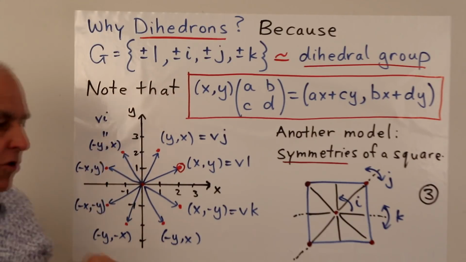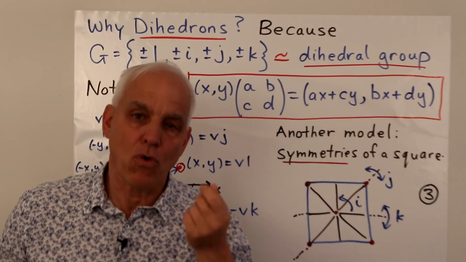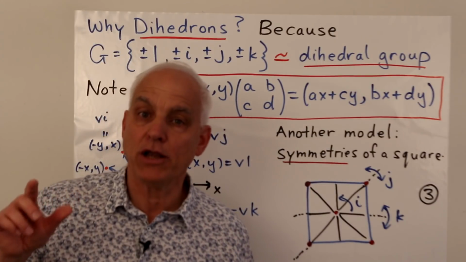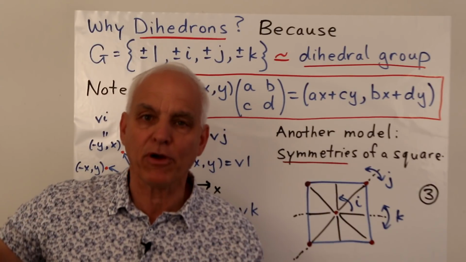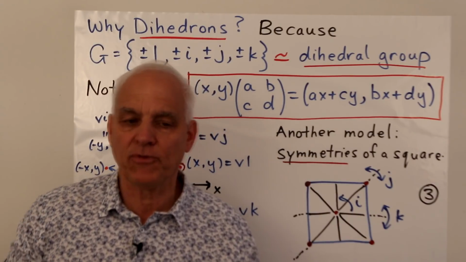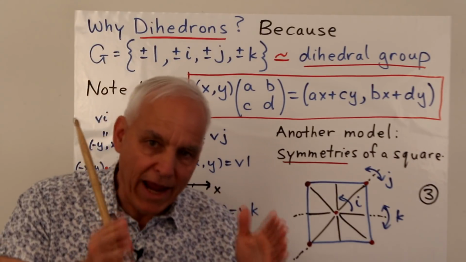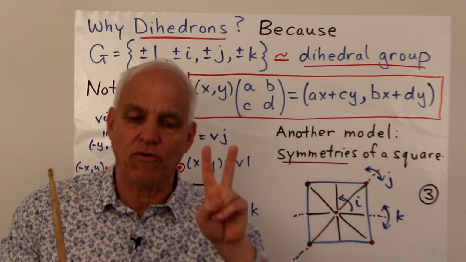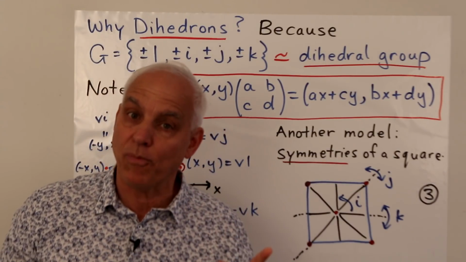In fact, this is one of only 2 groups of order 8 which are non-commutative. Okay, there are commutative groups which are simpler. They're products of cyclic groups. And then there are non-commutative groups. And when we look at the order 8 groups, there are actually only 2 of them. And they are this dihedral group and the quaternion group.